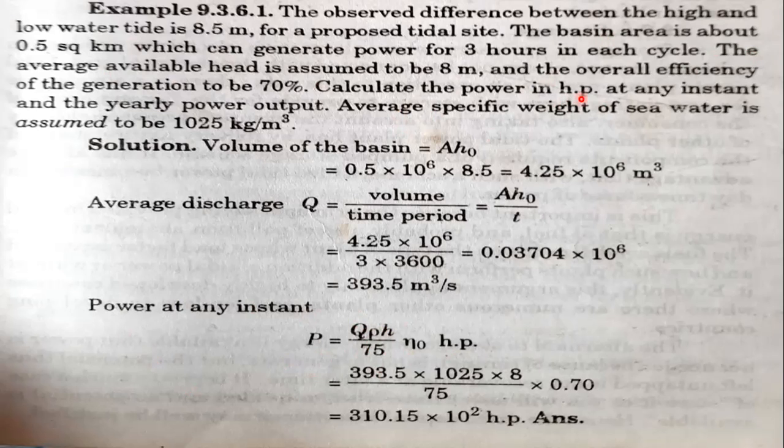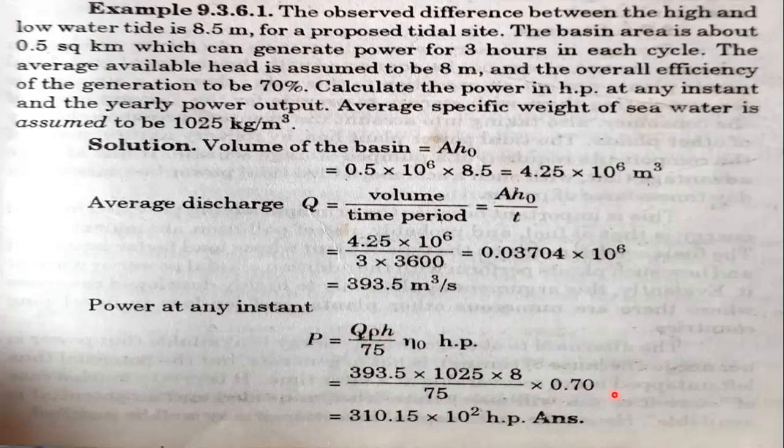For this we have to calculate Q; rho is given as 1025, and H is given, assumed to be 8 meters, 75, and eta naught is the efficiency, which they have given as 70%.